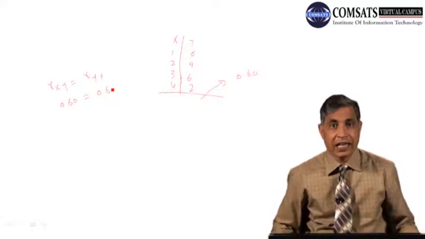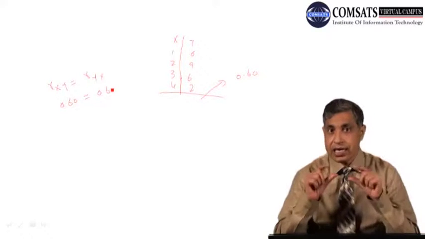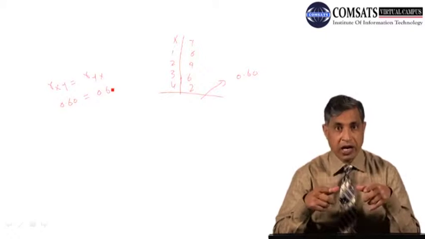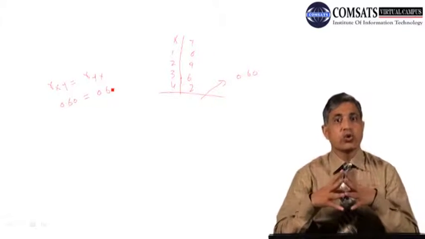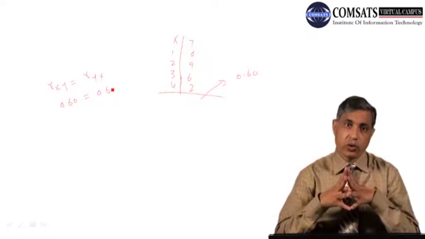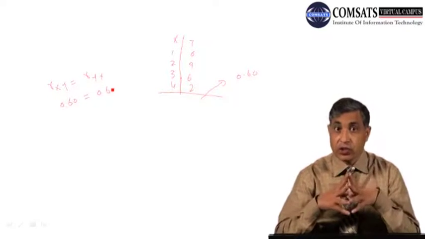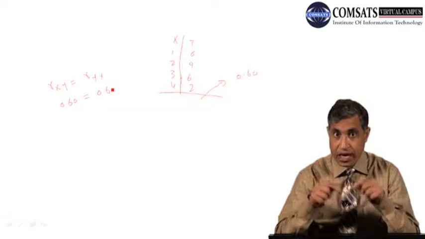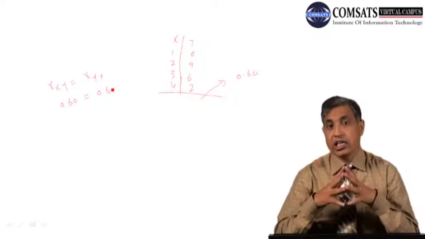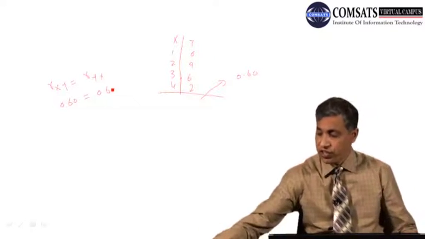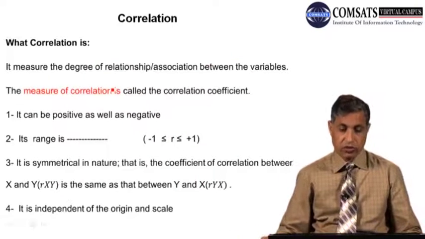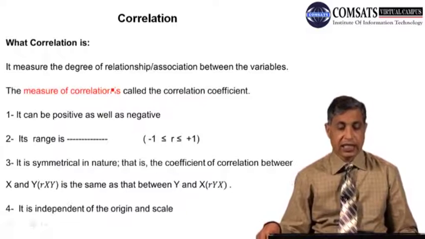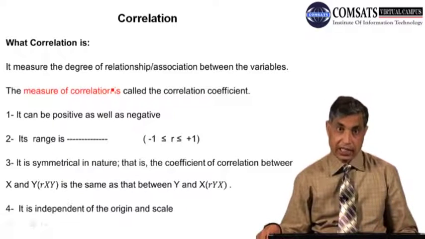So it is symmetrical in nature. Symmetrical means the arranging of the variables has no importance. Whether we take x first or y first, there is no effect on the value of the correlation. In regression and causation we will be talking about something different, but here we are saying that the correlation coefficient is symmetrical in nature. The fourth characteristic is that it is independent of origin and scale.